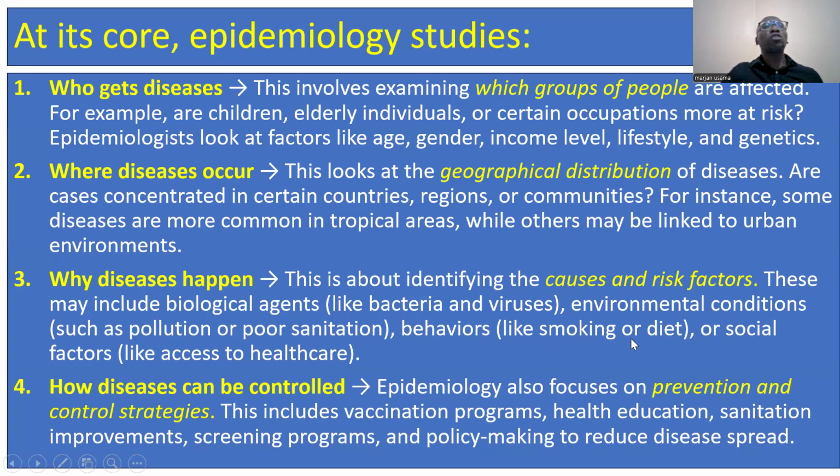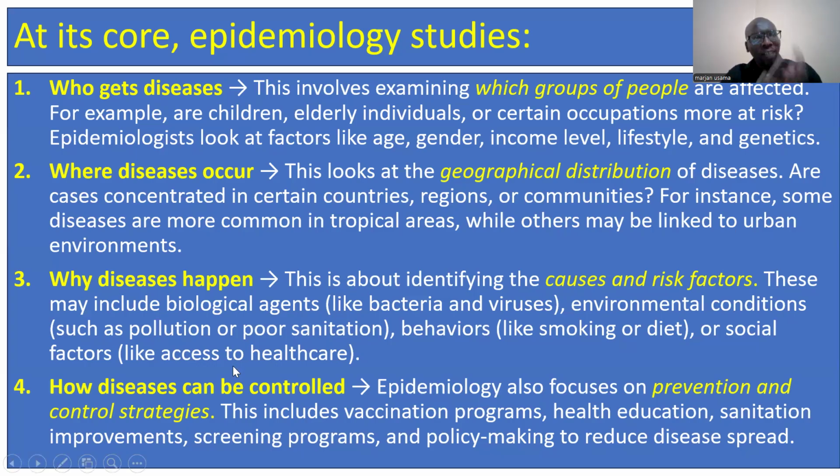And sometimes it is all about social factors, like access to healthcare. So people who have access to healthcare rarely get sick. And the opposite is true, al-masakin. They don't have money, so they cannot access quality health services, so they end up getting the diseases. So that is why the diseases happen.